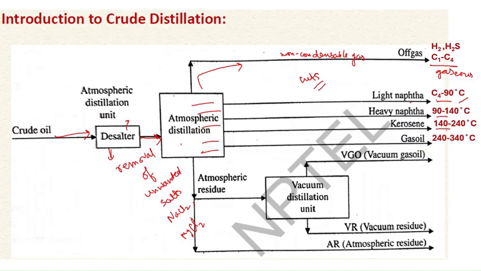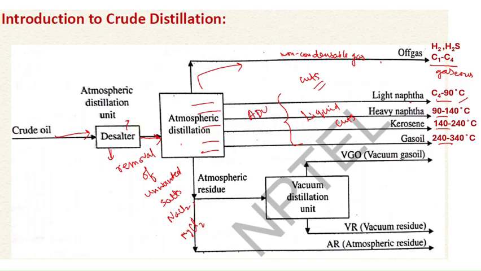Then the kerosene, which has a boiling point in the range of 140 to 240 degrees C, and then gas oil, which is in the range of 240 to 340. So all these are the liquid cuts. This one is the gaseous cut. These four are the liquid cuts, and these are produced from the atmospheric distillation unit.